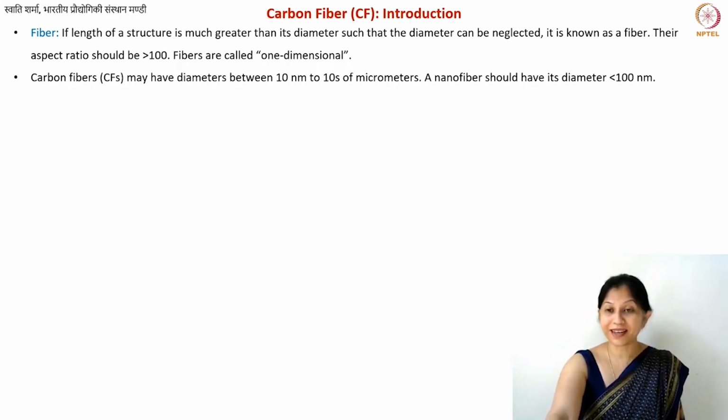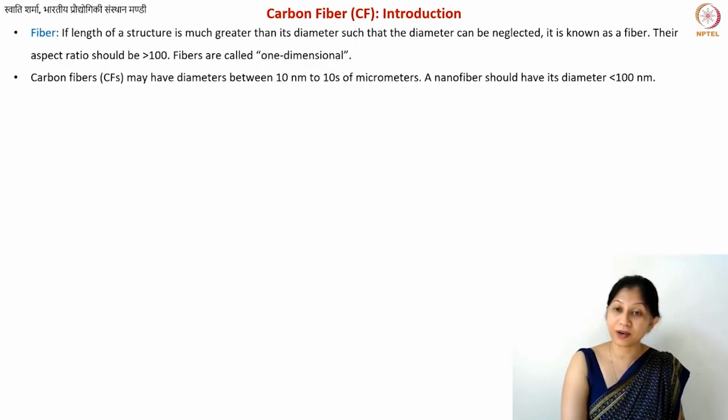One more important thing is that you say carbon fibers and not graphite fibers or glass-like carbon fibers. What is the reason for that? Because the carbonization mechanism of fibers is quite different from that of a bulk material. Because you have a very high surface to volume ratio.